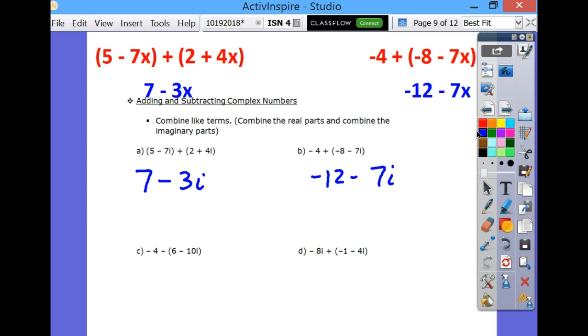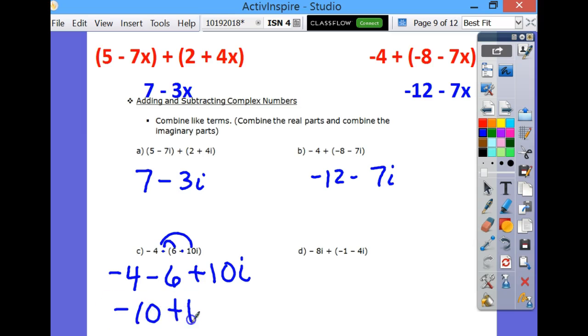If you have subtraction, the only difference is you have to distribute the negative sign. So this would be a -6, a minus would make a positive 10i. Distribute the negative and then combine like terms, if it's a subtraction problem.